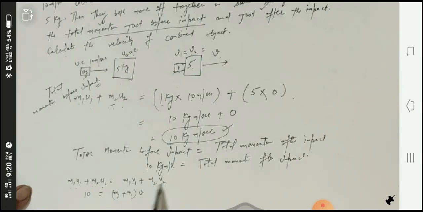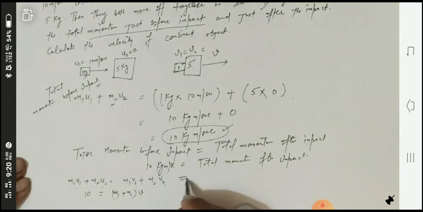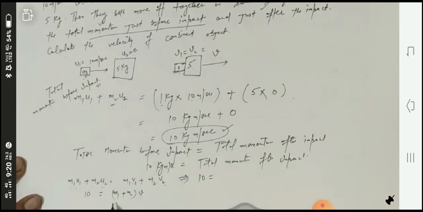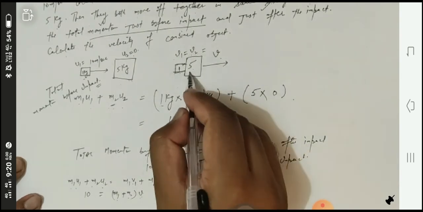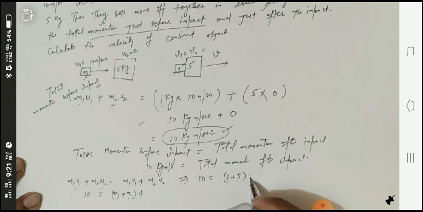So this implies 10 is equal to the value of m1, which is 1, plus the value of m2, which is 5, into v, right?